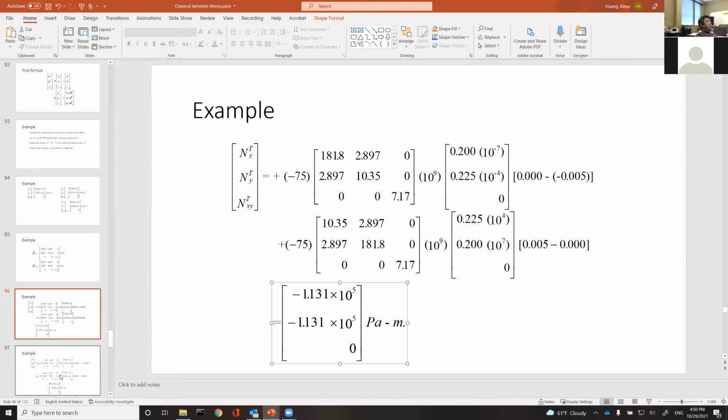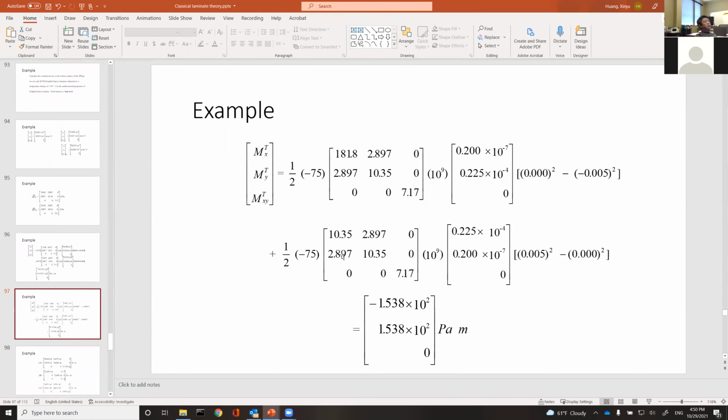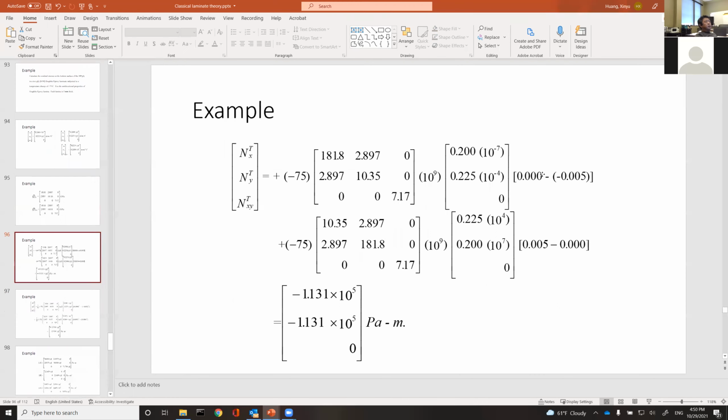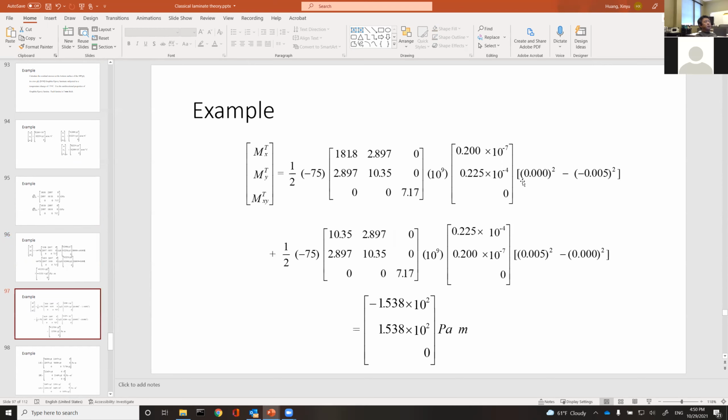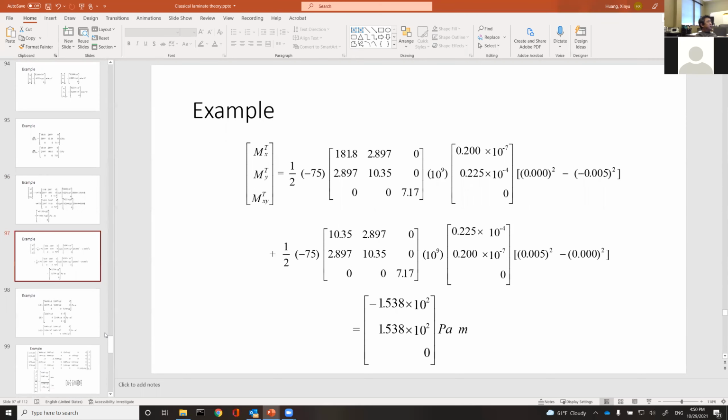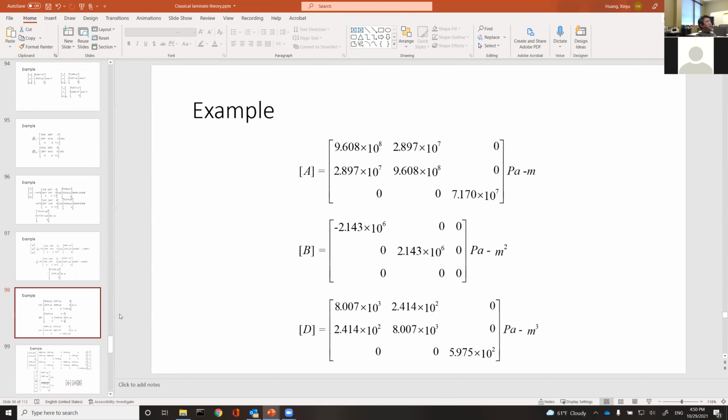And this is your hypothetical bending moment. Now, remember the differences here. This multiplier is the thickness of the layer, and this is a square difference of the location. This is kind of similar to how you calculate your ABD, right? So you get N and M, and you put them together.